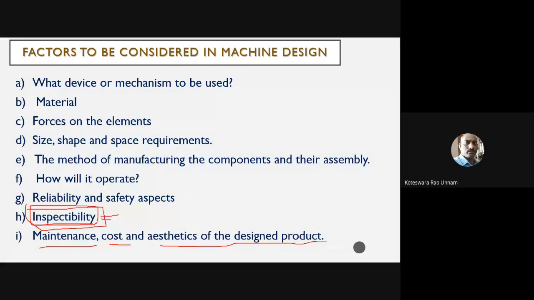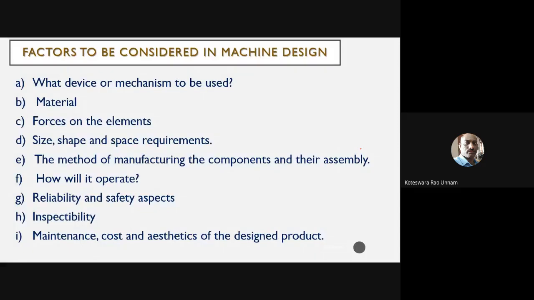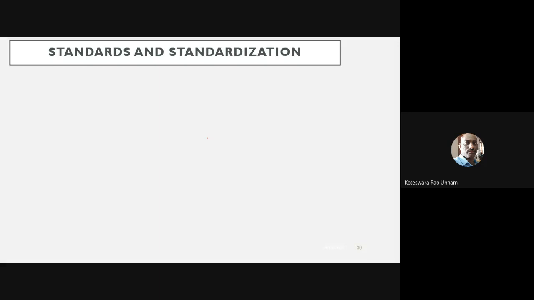Otherwise, even though your design is technically sound, if it looks ugly, nobody is going to take the design. So the aesthetic sense of the design is also one of the important factors to be considered while designing any machine component. These are the various factors a design engineer needs to consider. Okay, next we will move to the next topic, which is standards and standardization.